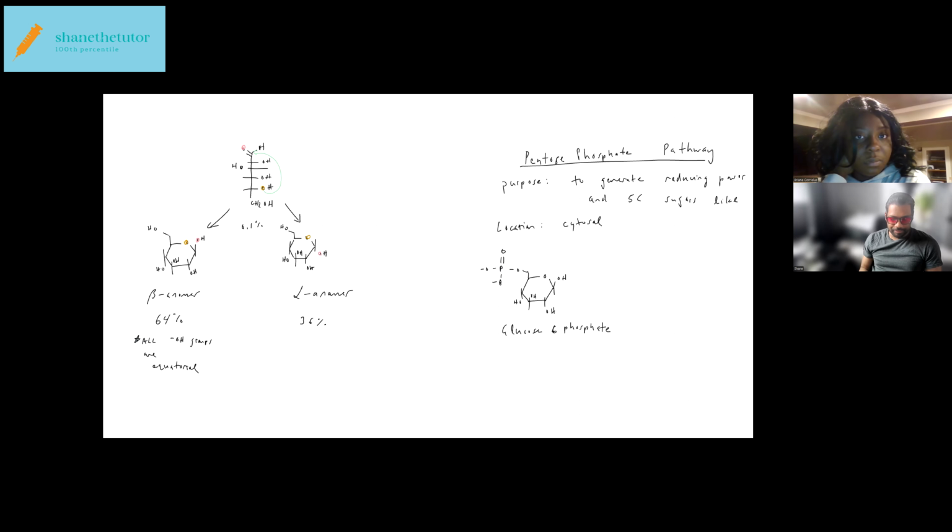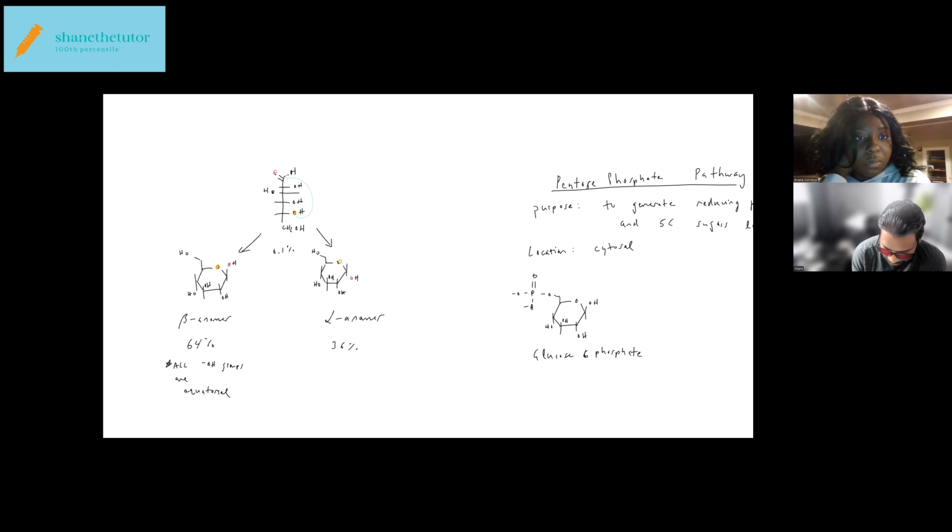And there can be interchangeability between the anomers, and that's called mutarotation. Okay.